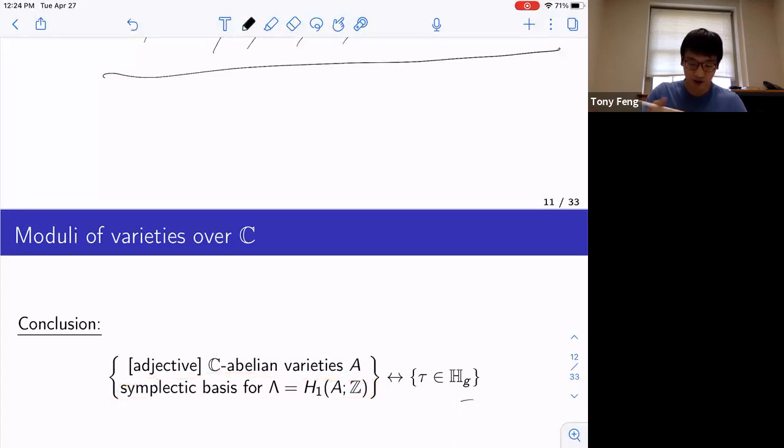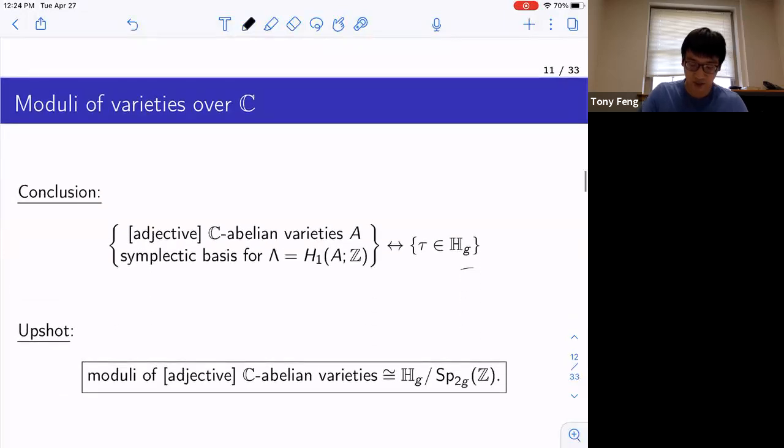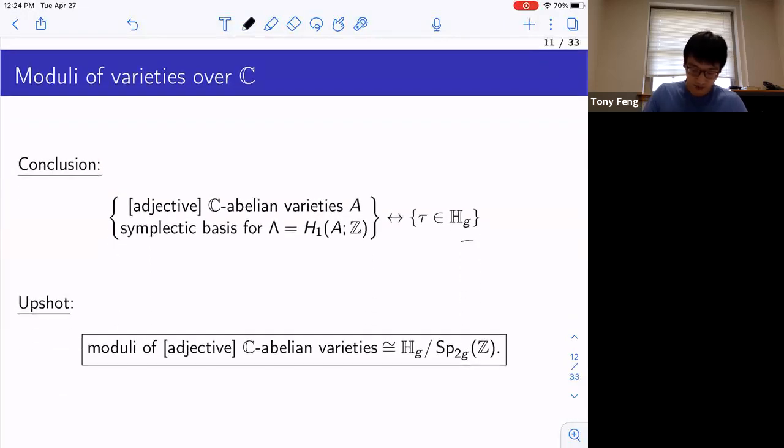I want to mod that out, so I just take the quotient by the action of Sp2g(Z). So there's some Sp2g(Z)-torsor, and then I get a description of the moduli space of principally polarized g-dimensional abelian varieties over the complex numbers as the quotient of the Siegel upper half space by Sp2g(Z).